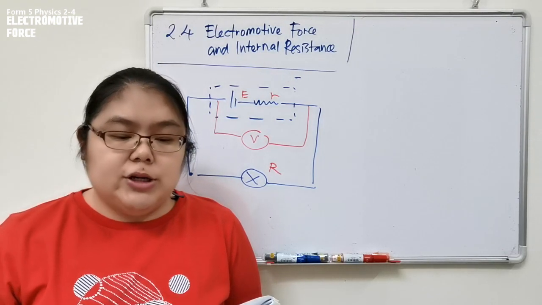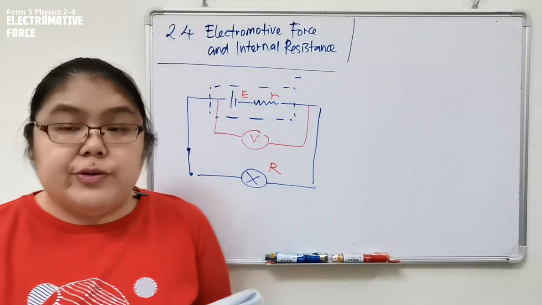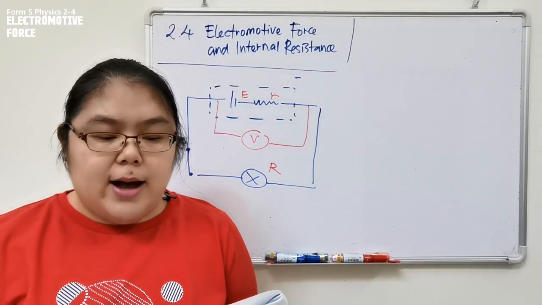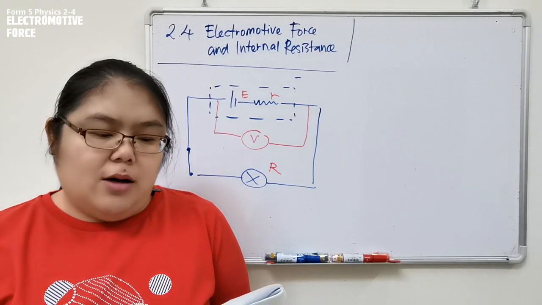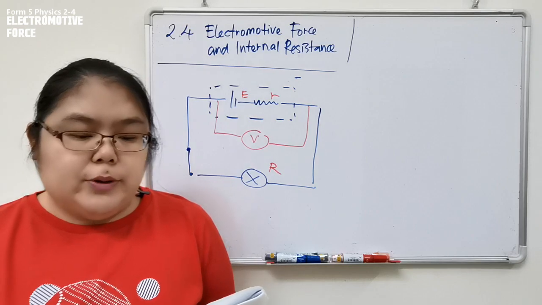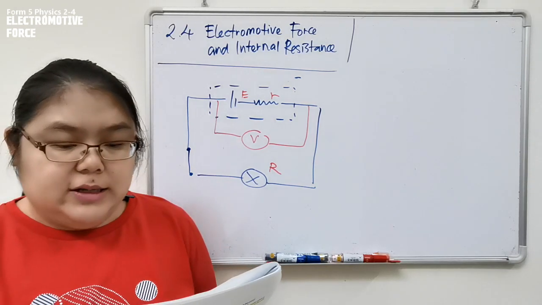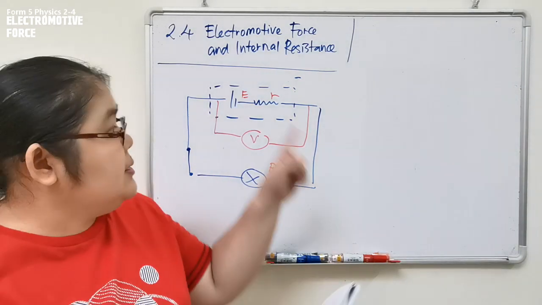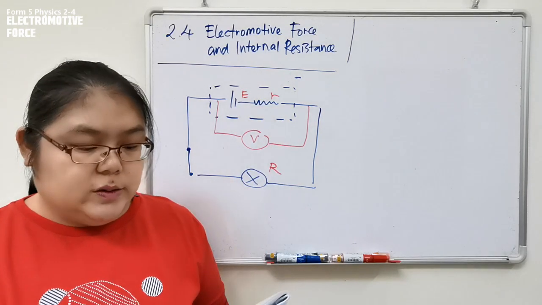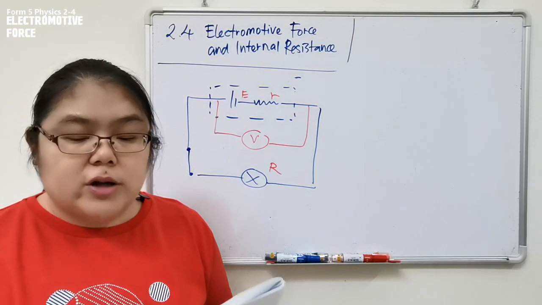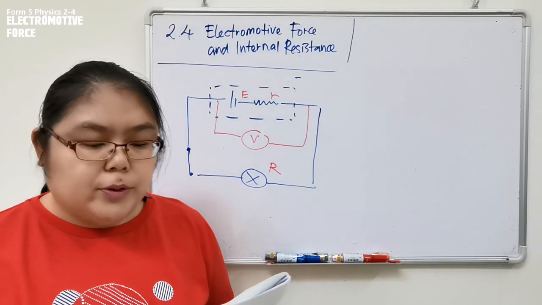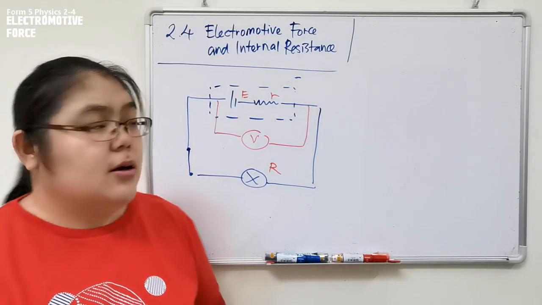Why does the potential difference across the battery drop when it supplies current? Because the battery has a resistance. The drop in the potential difference across the cell is caused by the internal resistance. Internal resistance in the battery causes loss of energy, or a drop in potential difference across the battery. Why?